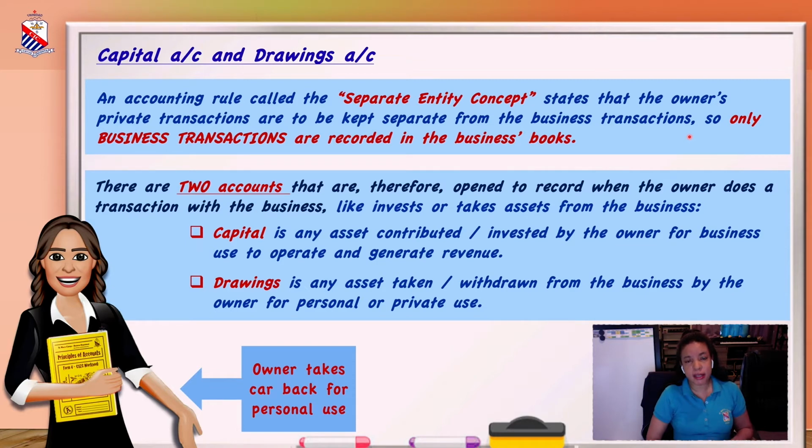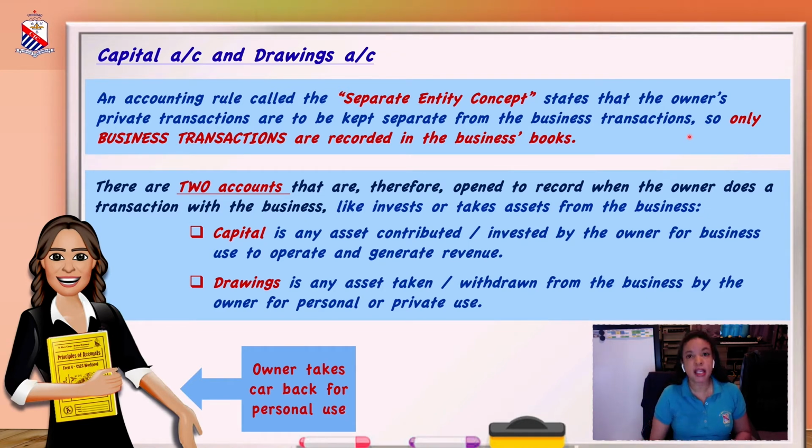But what if the owner were to take back that motor vehicle, that car? He decides that the business doesn't need it, or he needs it more for his private use. So he is going to purchase another car for the business, and he takes back his car to be used again for his own private purposes. That means that the business has just lost an asset. It's no longer going to be used for business use.